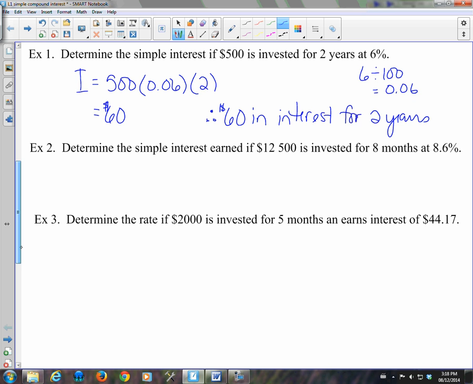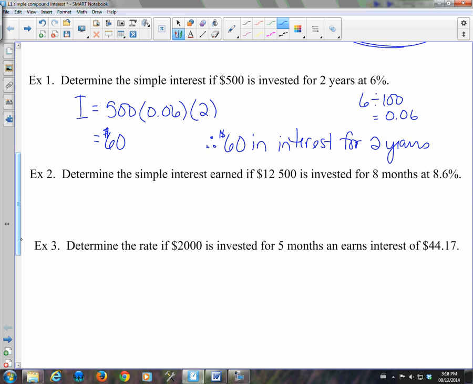Let's look at the next one. Determine the simple interest earned if $12,500 is invested for 8 months at 8.6%. So my interest is the principal, $12,500, times the interest rate as a decimal, 0.086 if you divide that by 100, times the time. Now be careful when you're doing months. Simple interest is always for years. So I have 8 months out of a whole year, which is 12 months.